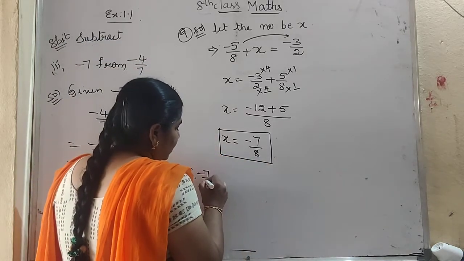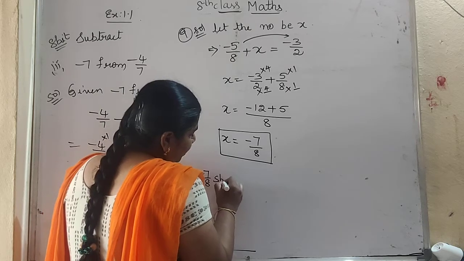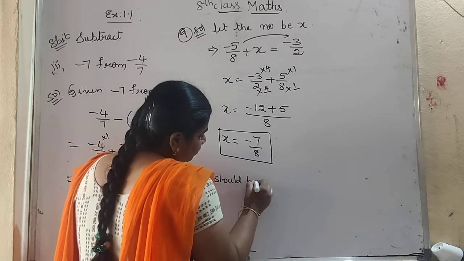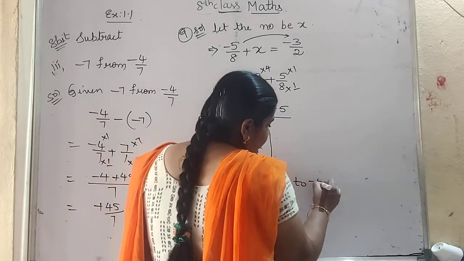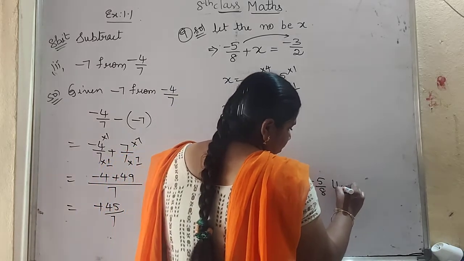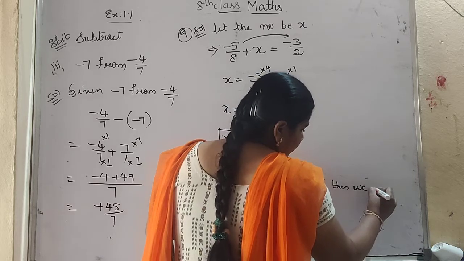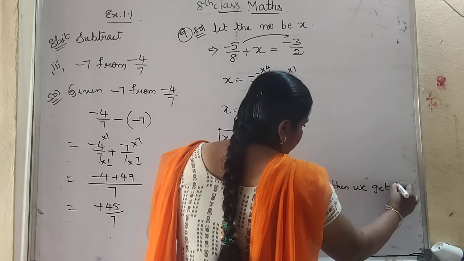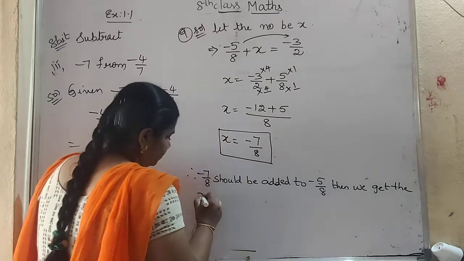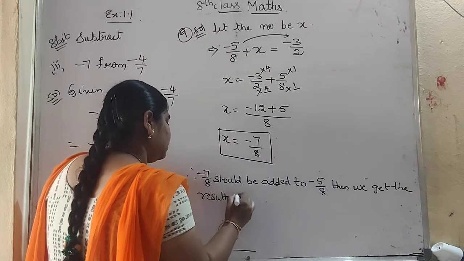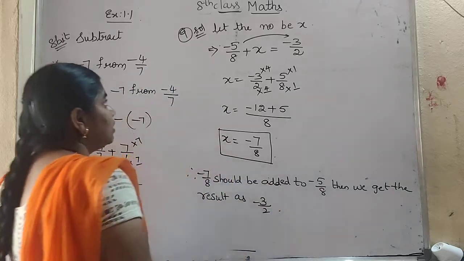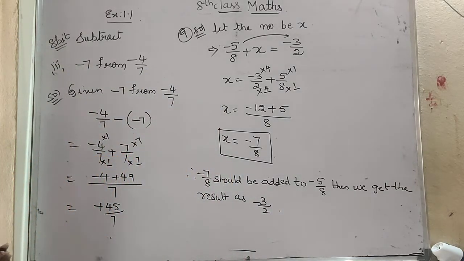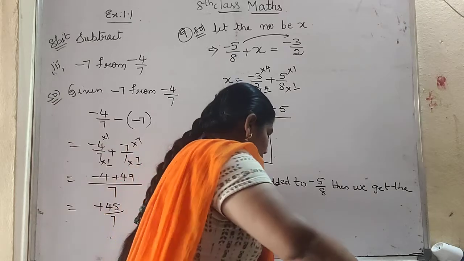Therefore minus 7 by 8 should be added to minus 5 by 8. Then we get the result as minus 3 by 2. So this is our 9th solution. So next is 10th one.